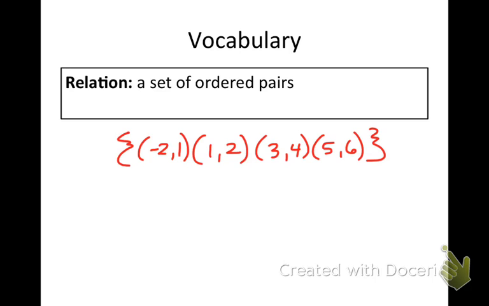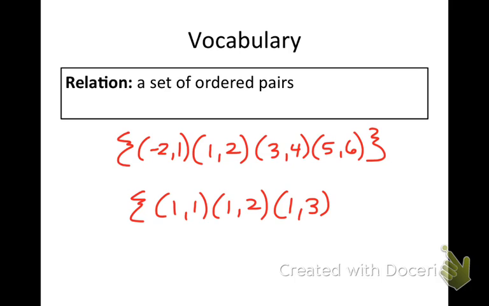Having any set of ordered pairs would be a relation. This would also be a relation: (1, 1), (1, 2), (1, 3), (1, 4). You don't necessarily need to have four pairs. You could just have one. Okay? So a relation is just a set of ordered pairs.